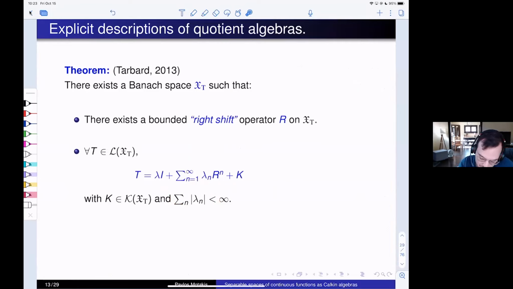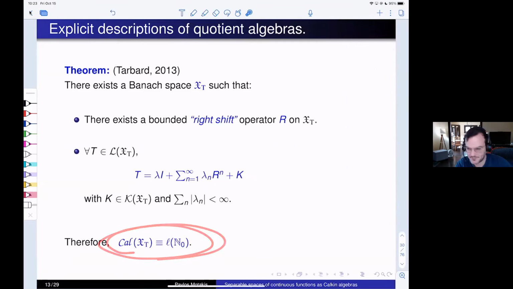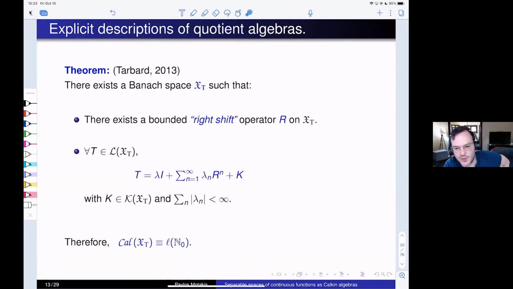If you quotient out the compact operators on the space, all that remains is this scalar and this summable series of scalars, which means that you again get an L1 space, but this time you don't get the negative integers because you're missing the left shift operator. So in particular, the Calkin algebra is this convolution algebra on N_0, which is the natural numbers together with 0. And this is the same multiplication as before, you just never go back. You can only go forward, basically.